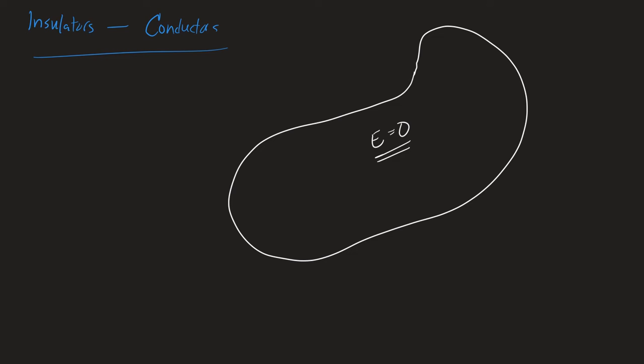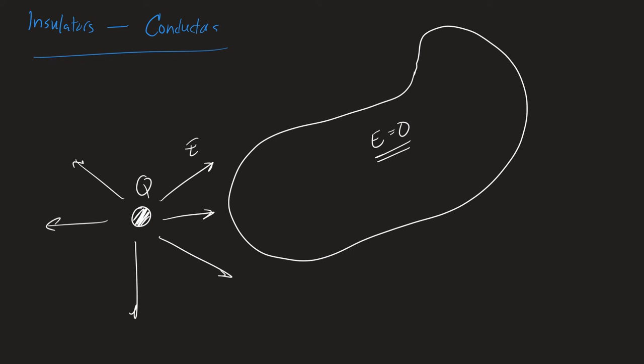If I have a strong positive charge outside the conductor, creating an electric field in the space around this conductor, inside this conductor the electric field will be zero, regardless of the presence of this outside charge and outside electric field.